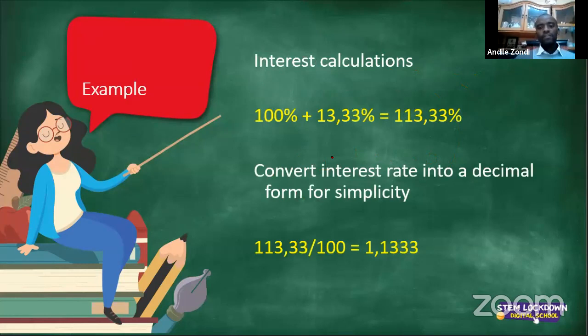Okay, first of all, to make our lives easy, let us add 100%, which represents the original figure of 10,000, plus our interest rate, which represents the interest that you'll earn, and this will represent the final amount for that term, 13.33%.